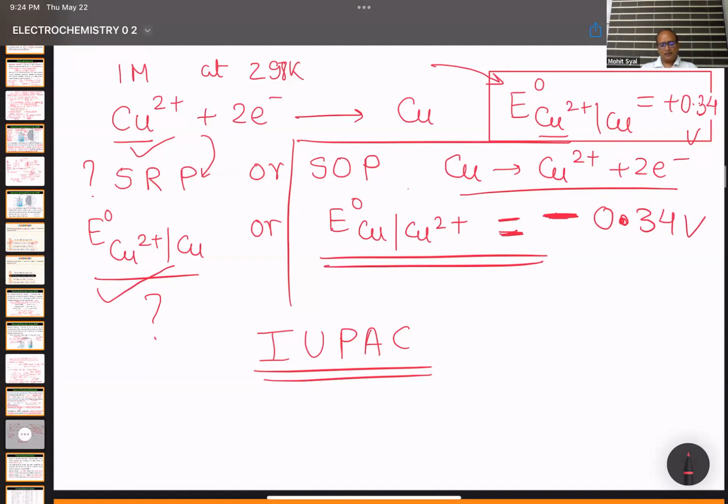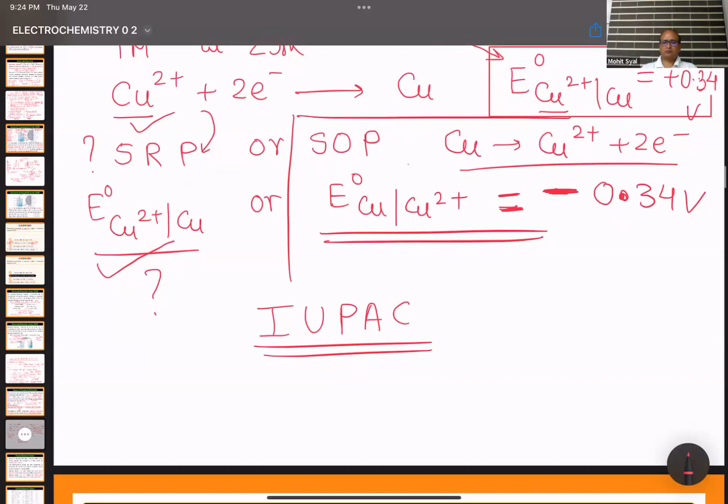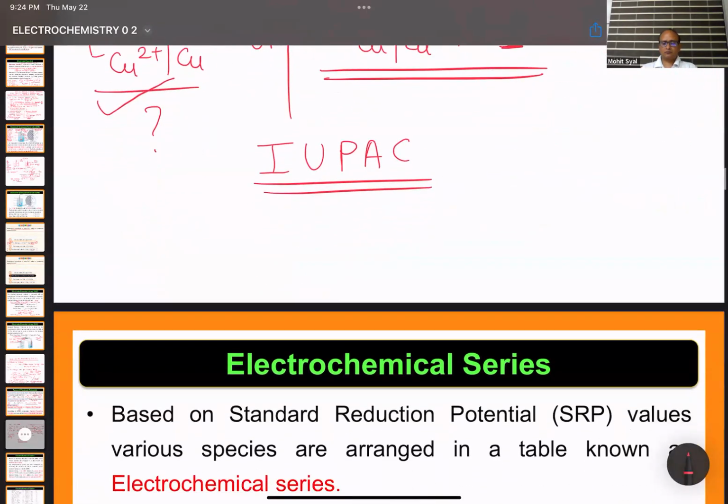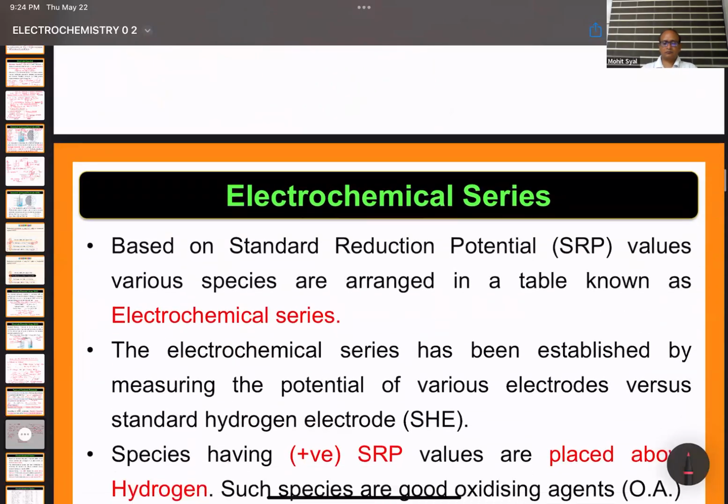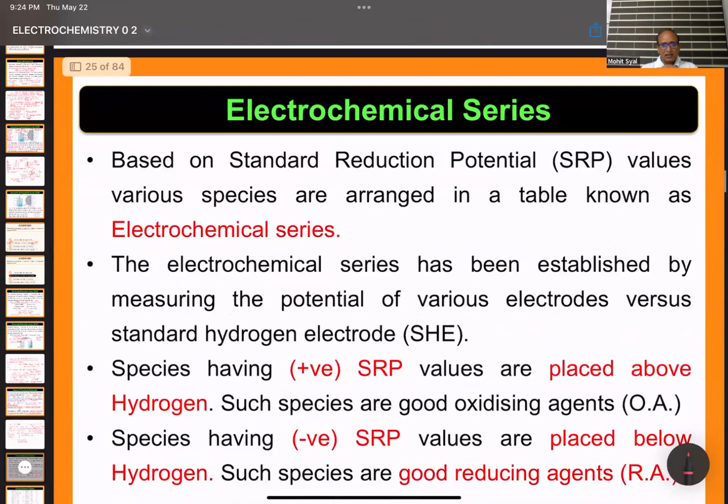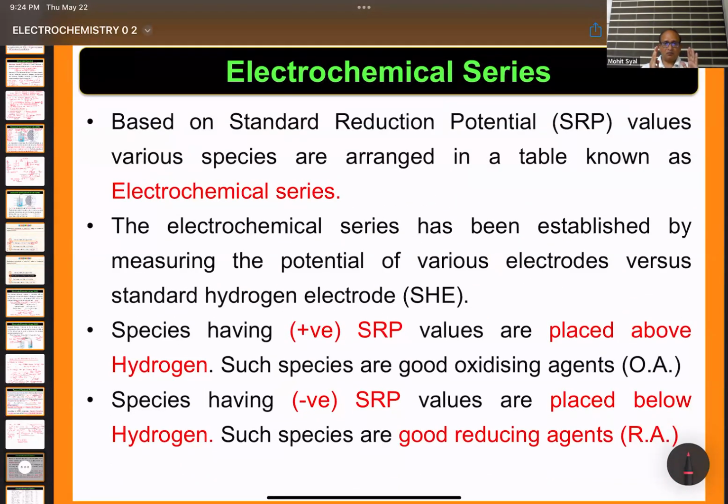I hope this is clear, right? But be careful: these values are only for 1 molar concentration, not for all concentrations, right?